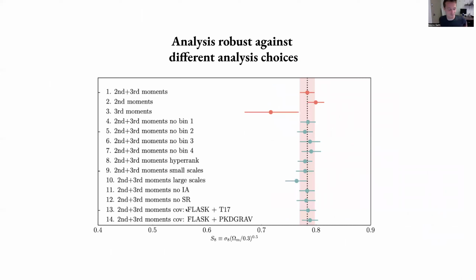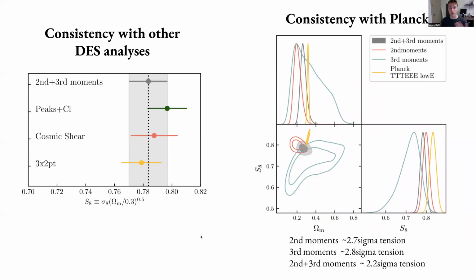Of course, we ran a number of very large systematic tests, varying our analysis choices, removing redshift bins, small scales versus large scales, and everything looked very robust, which is great. These are consistency tests with other DS probes.